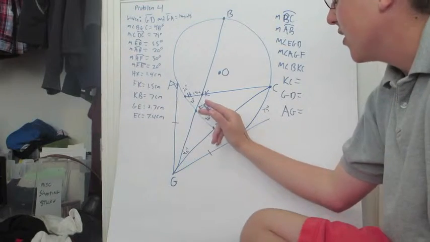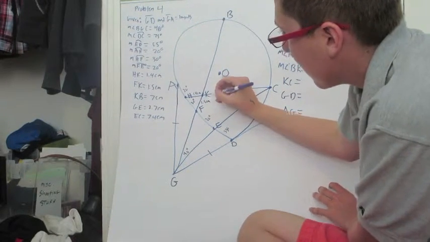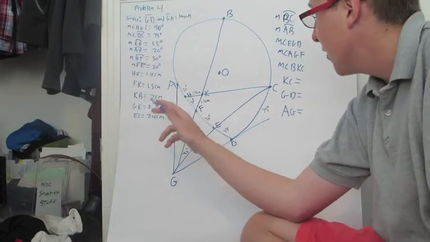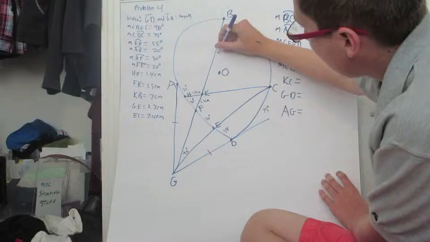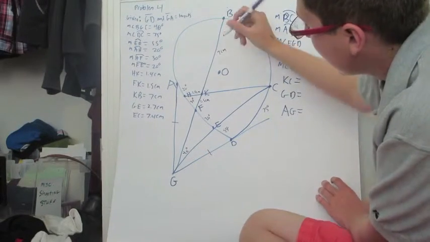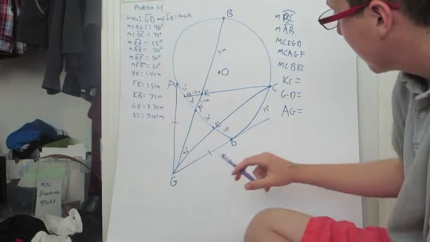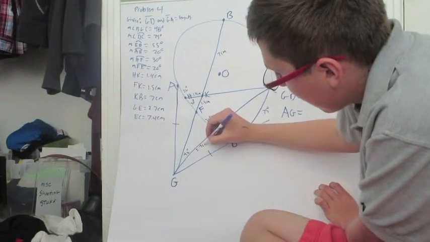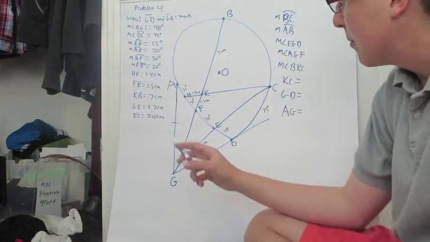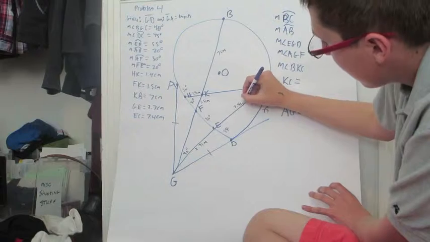That FK, this segment right here, is 1.5 centimeters. KB, which is right here, is 7 centimeters. GE, this segment, is 2.7 centimeters, and segment EC is 7.4 centimeters.